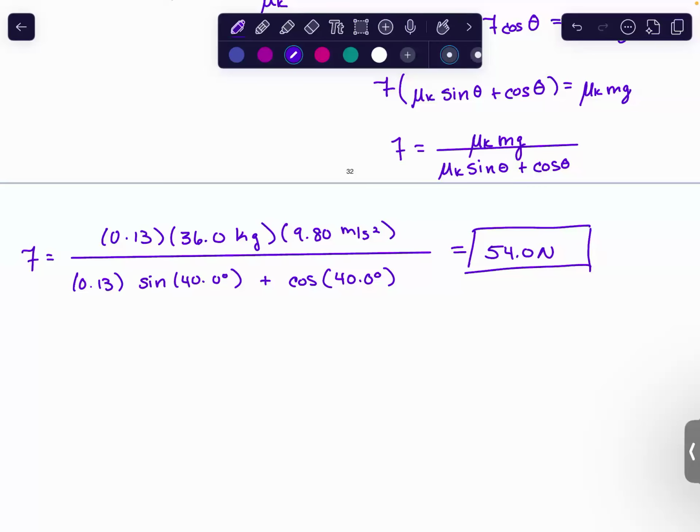Remember, use parentheses as much as you have to, because don't ever trust your calculator's order of operations.